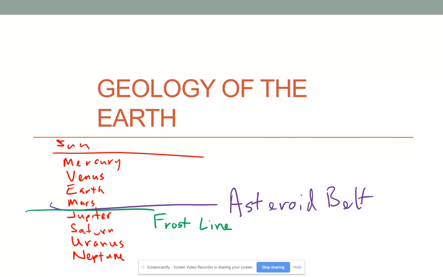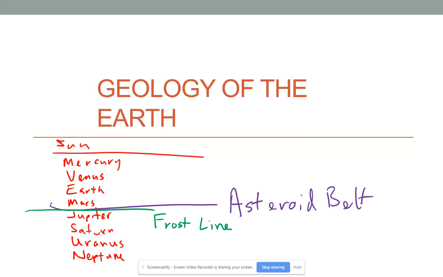They have too much kinetic energy. You're going too fast, because temperature is a measurement of how fast you're traveling, the kinetic energy, and they won't stick together. So things that are closer than the frost line, it was too hot for them to stick together. Only things that had high melting temperatures could stick together. And thus the planets were composed of only those things with high melting temperature.